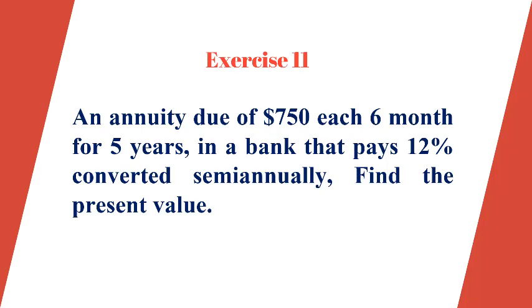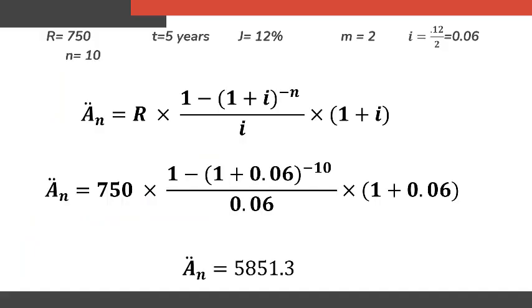Another exercise, number 11. An annuity due of $750 each 6 months for 5 years in a bank that pays 12% converted semi-annually. Find the present value. We have R equals 750, and for T equal 5 years, J equal 12%, M equal 2, I equal 12% over 2, so I equal 6%, and N equal 10.